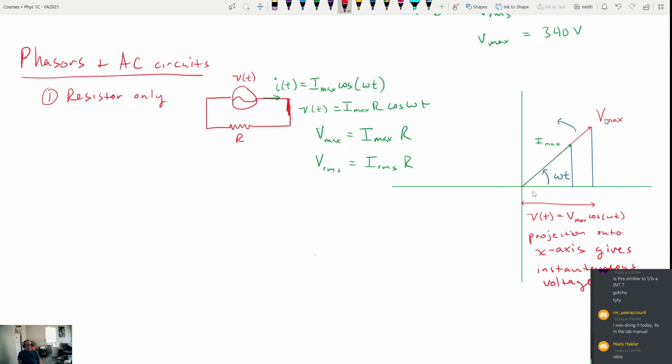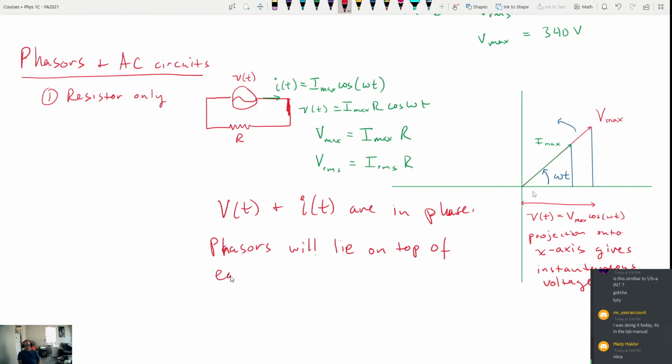And in this case, both the voltage phasor and the current phasor are going to be in phase with one another as they rotate around. Okay.